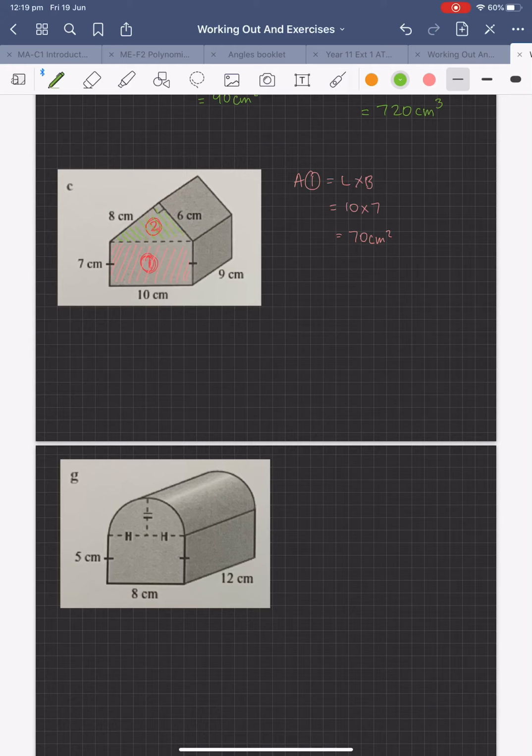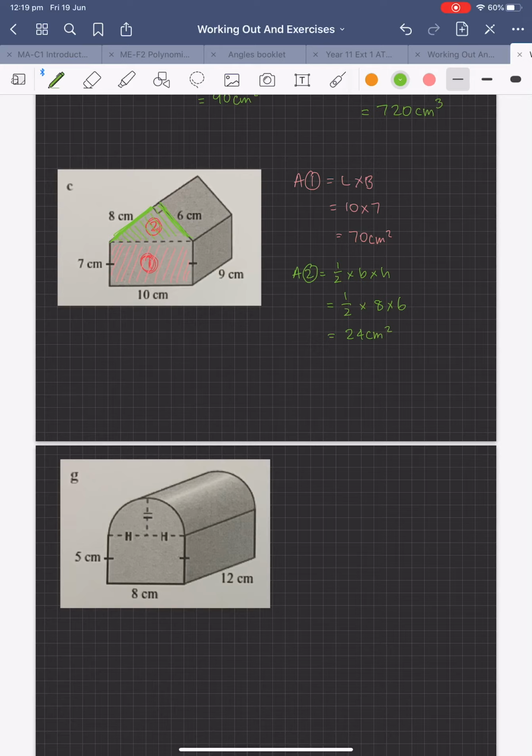Now area 2. What shape is area 2? That's a triangle, so it'll be a half times the base times the height. Remember, the base and the height are the two that meet at the right angle. That's going to be 24 centimeters squared.